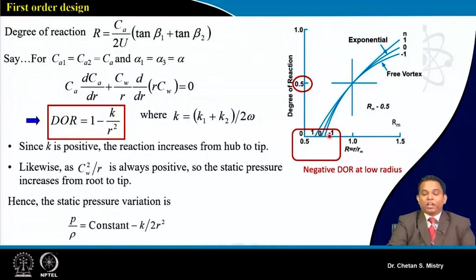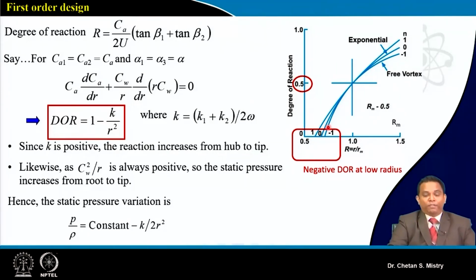But if you consider the variation of my degree of reaction for the free vortex design, it is less in that sense, and here it is varying in more way. And this will give you an idea how we use this exponent for the calculation of our degree of reaction, and how this will impact our design criteria.